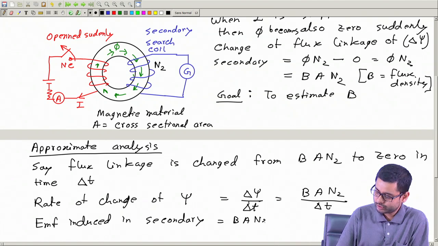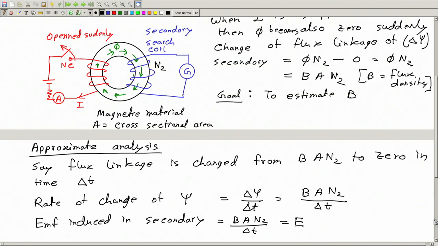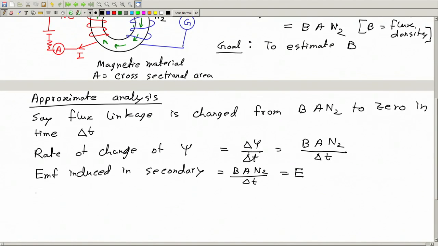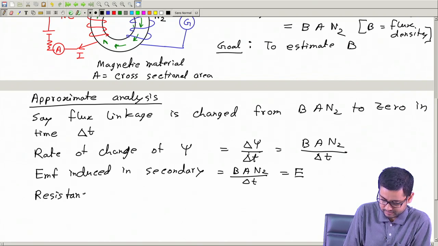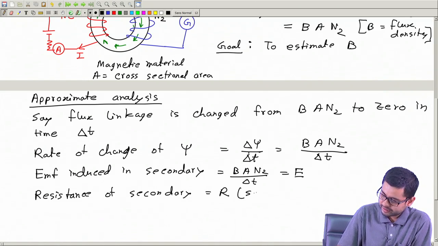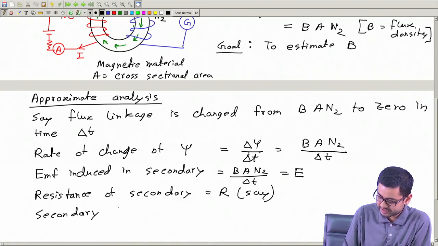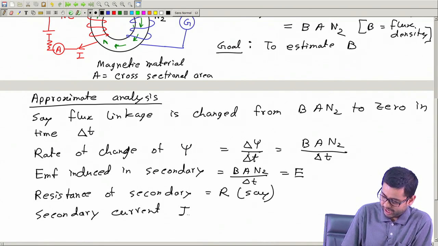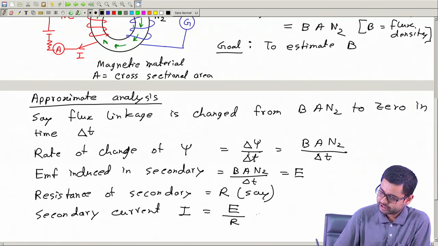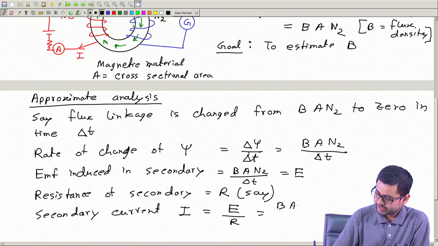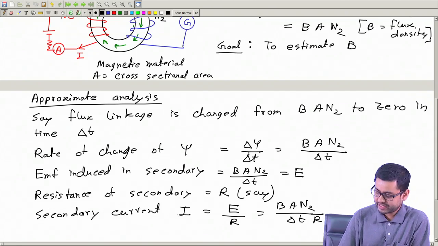That is BAN2 by delta t, and this is equal to E. Now, if the resistance of the secondary side is R, then the secondary current will be voltage by resistance, I equals EMF by resistance, which is BAN2 by delta t divided by R. So, this is the current.